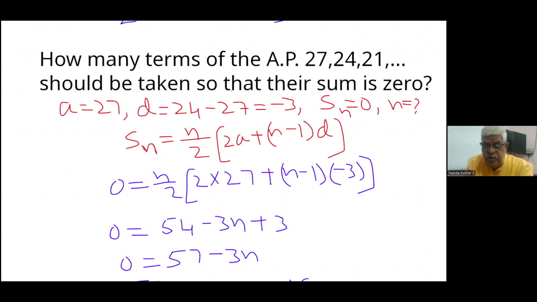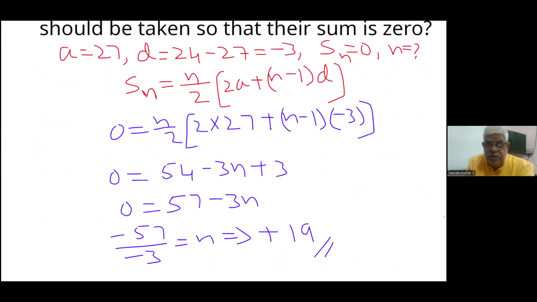How many terms of the AP 27, 24, 21, etc. should be taken so that their sum is 0? So try to identify what is given here, children. The first term a is 27. The common difference is the second term minus the first term, which gives you 24 minus 27, negative 3. Sn is 0.